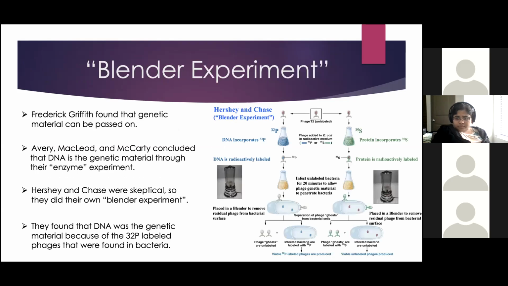And so in order to find this answer, you have to look at the blender experiment from Hershey and Chase. But if you go back, Frederick Griffith was the first scientist who actually found out that genetic material can be passed on. And in order to find out what that genetic material was, 3 other scientists, Avery, MacLeod, and McCarty, concluded that DNA was the genetic material through their enzyme experiment, which is what the previous presenter just explained.